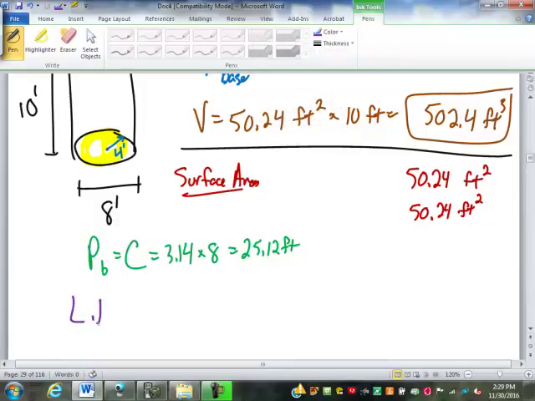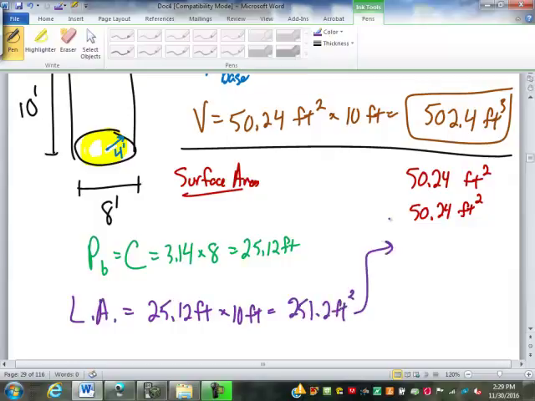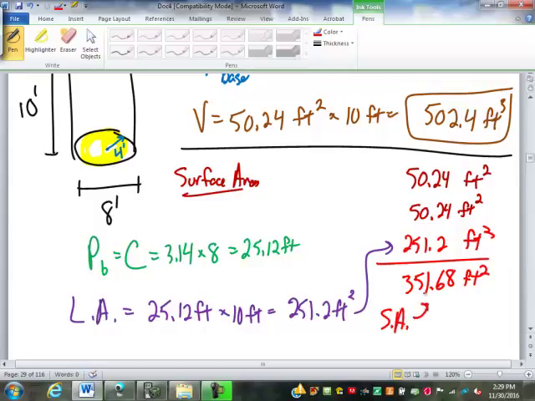So my lateral area is that perimeter of the base times my height of 10 feet again, or 251.2 square feet. So that comes up here. So we get 351.68 square feet of total surface area.